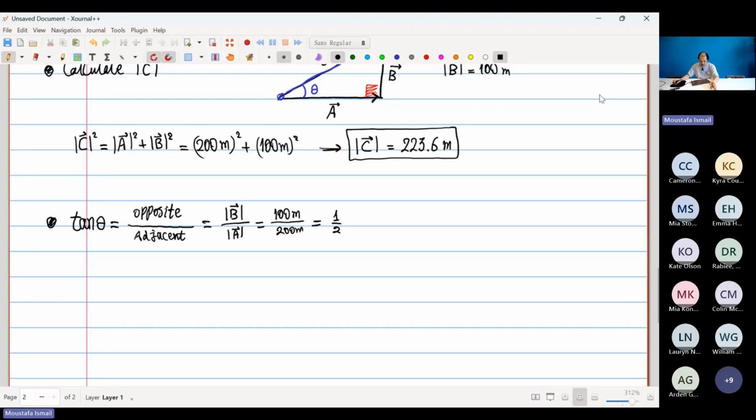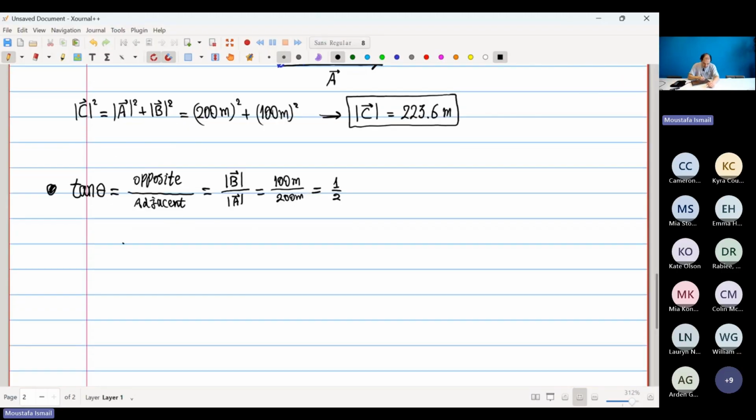So if tan theta is a half, you can reverse that and say theta is the inverse tangent of half. And you can find that on your calculator to be 26.6 degrees.